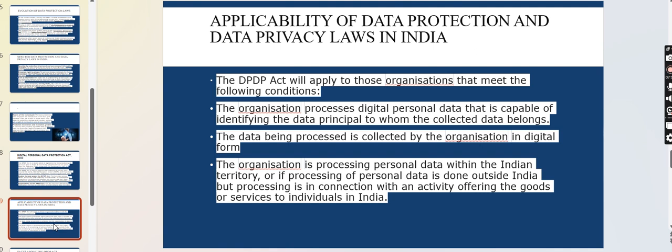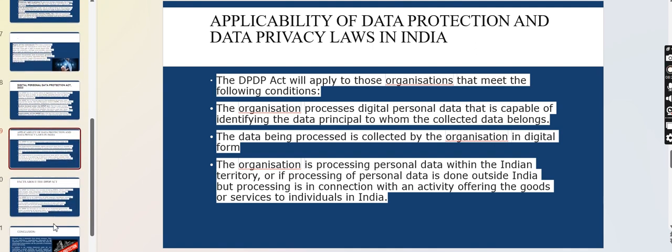If a person is giving their data to someone on any platform, it is necessary to see how that data is covered by those laws. If an organization is processing personal data in Indian territory, or the person is giving data from outside but the connection is to activity offering goods or services to an individual in India, whether the person is getting that information inside the territory or sending it outside, that is processing in connection with the privacy laws.